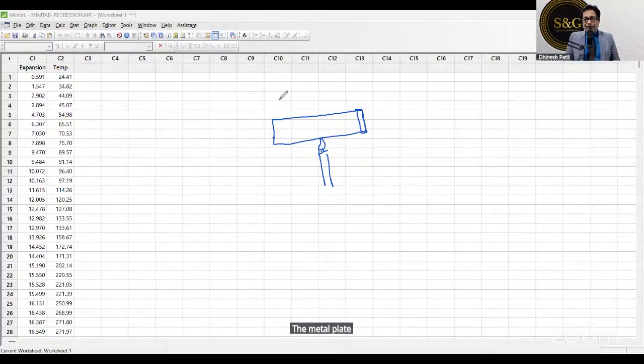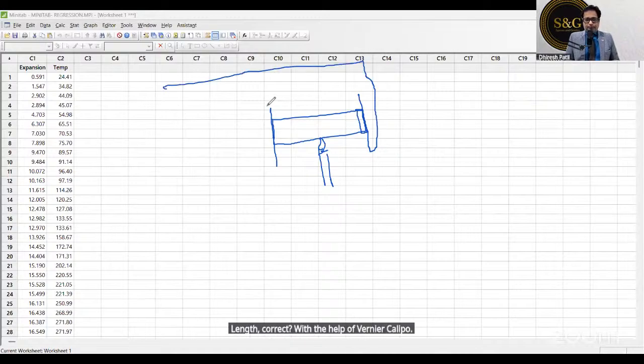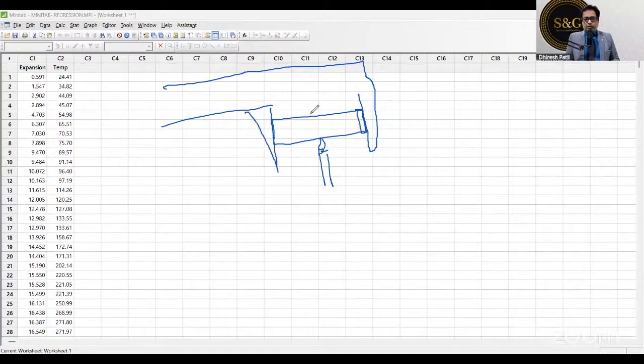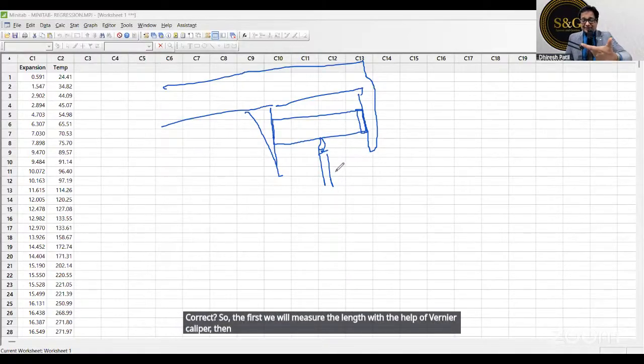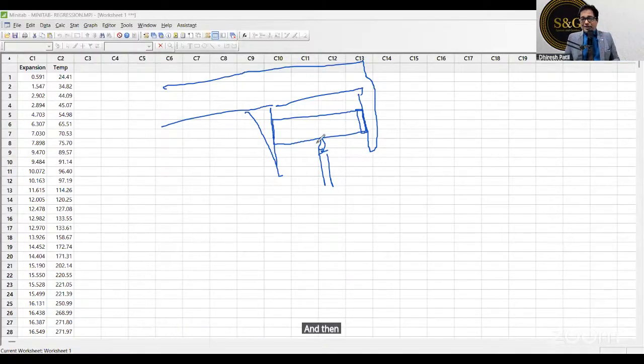First we used to measure the length with the help of a vernier caliper. Then we will heat it, and then we will measure the length again.